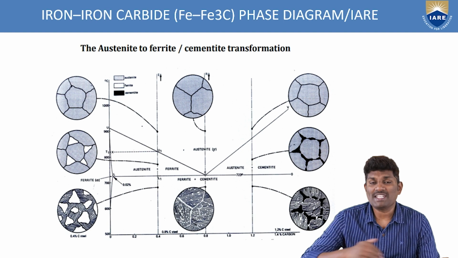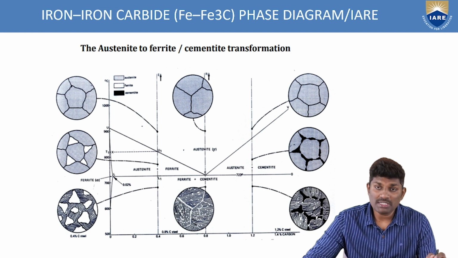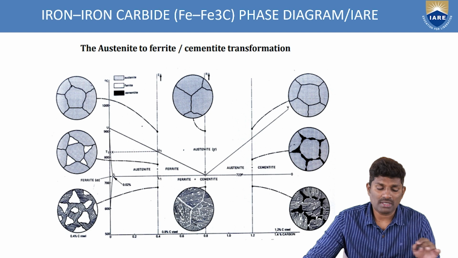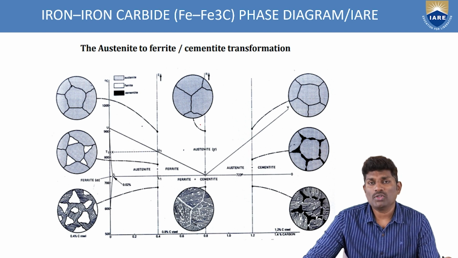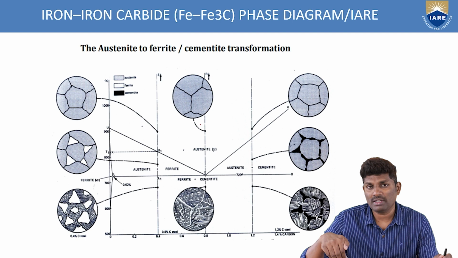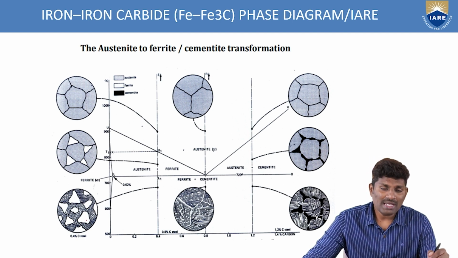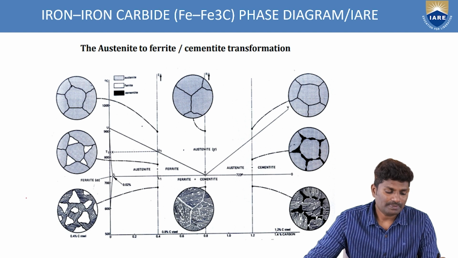So these are some of the transformations of the phase diagrams during the cooling process or the heating process at each point. If you neglect those phase crystal structures, it is nothing but the phase diagram. In this phase diagram, if you draw lines at the eutectoid temperature, hypoeutectoid and hypereutectoid lines, you will get the different transformations of the phases. Earlier it was completely ferrite.